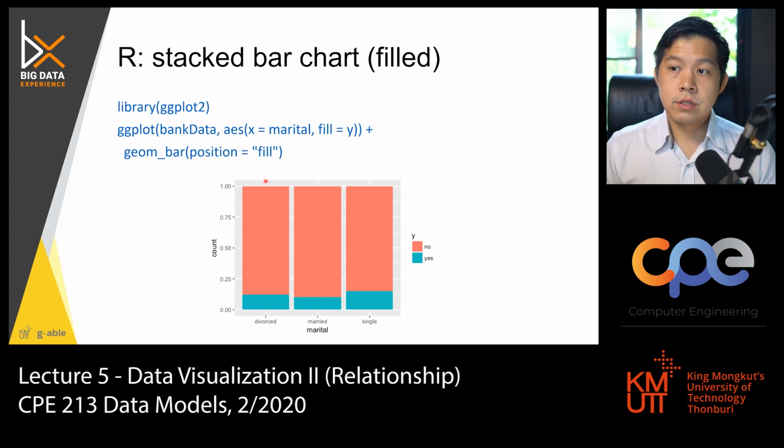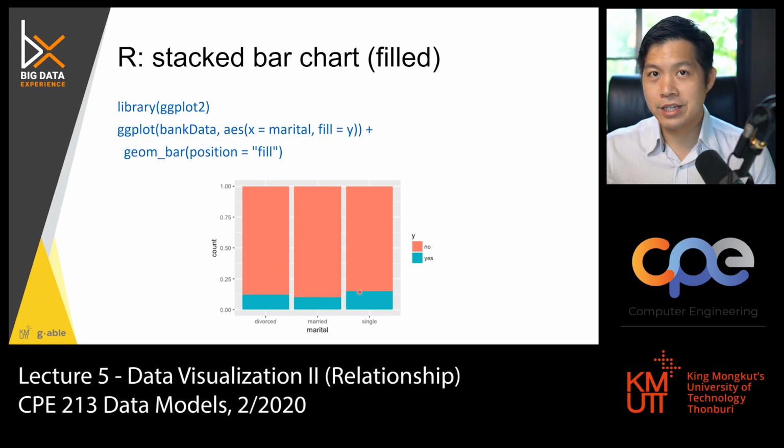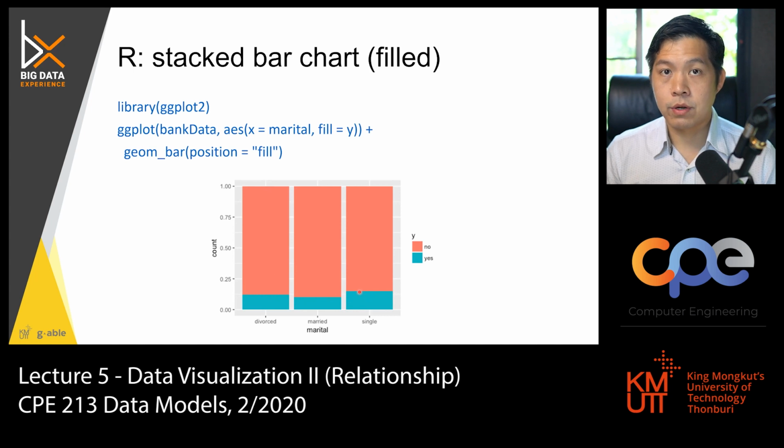And it is used to compare proportions, whether they are the same or not, because the proportion indicates the chance. The chance indicates the likelihood that the thing will happen if you have a certain status here. For this one, it indicates the probability that customers would say yes if they have a certain marital status.